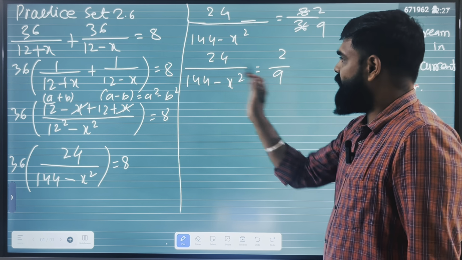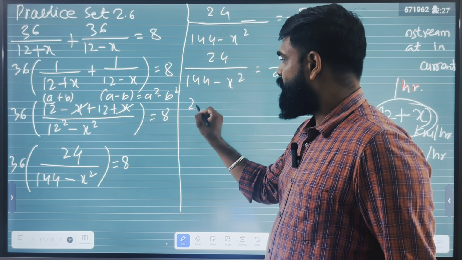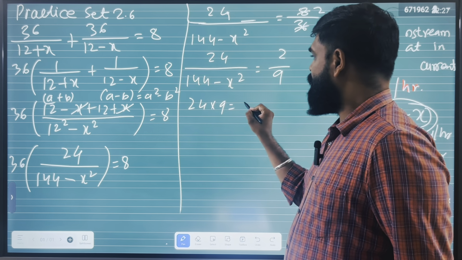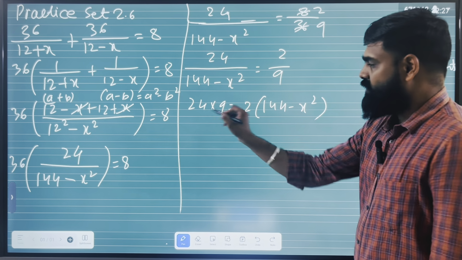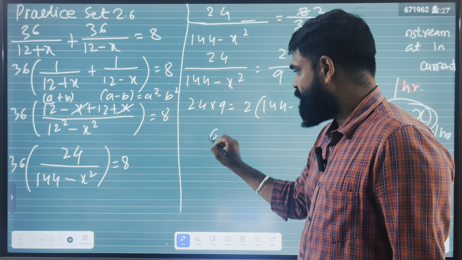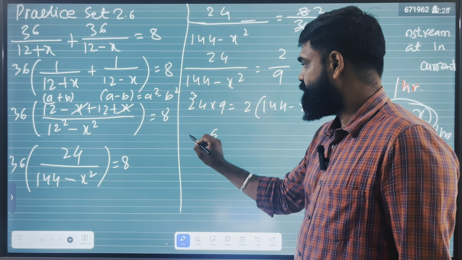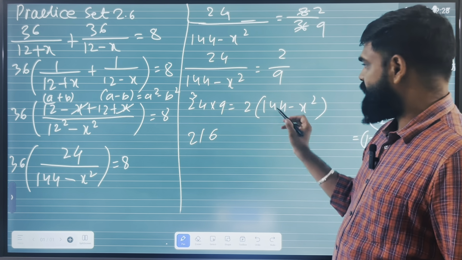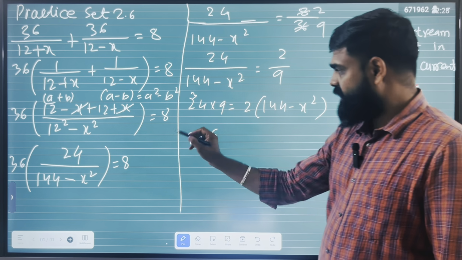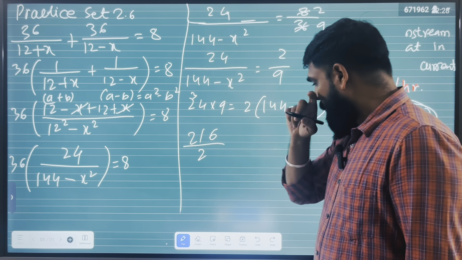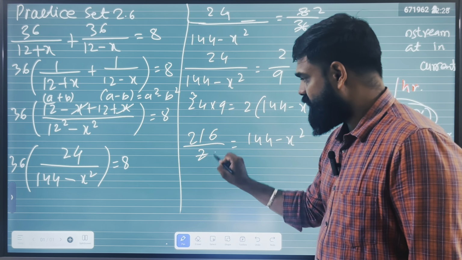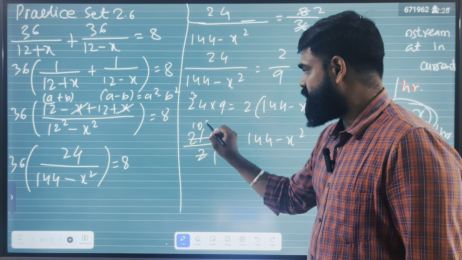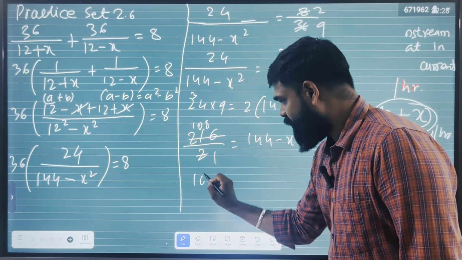Let us cross multiply this. 24 into 9 is equal to 2 into 144 minus x square. So 24 into 9 is 216. Take this 2 to the left side, it becomes divided by 2, so 144 minus x square is 108.